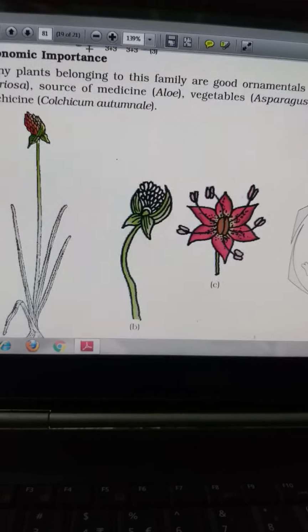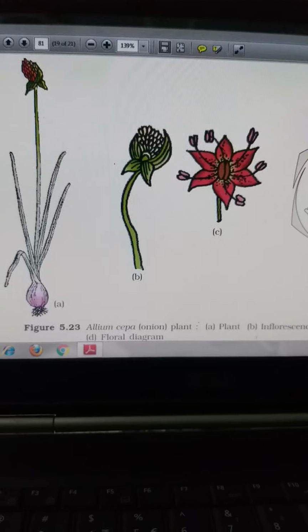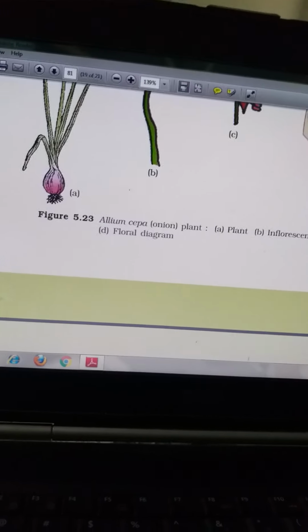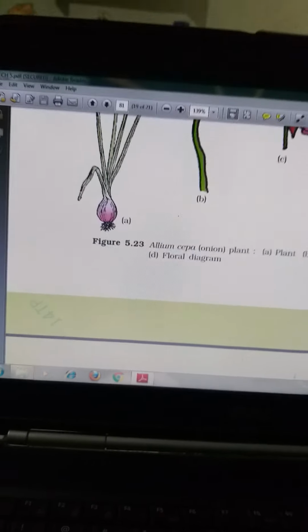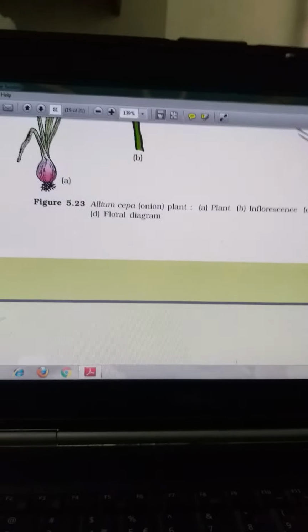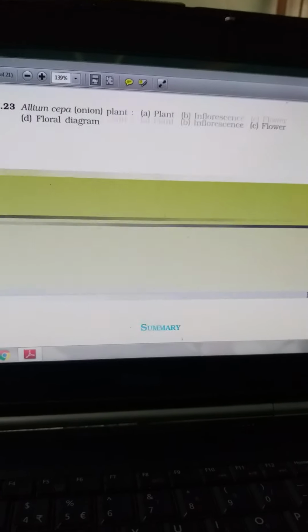These are all medicinal values, and here this is the diagram, this is the floral formula, floral diagram. So these two are very important, and Allium cepa, onion, and garlic also belong to this. Okay, so go through this very carefully, and the floral diagrams are very important.